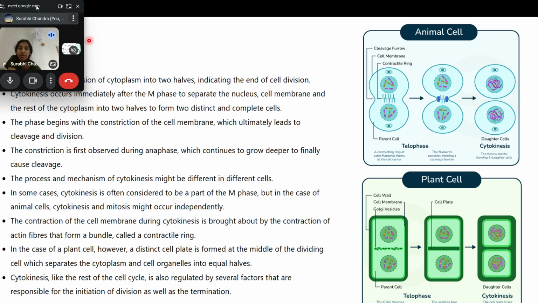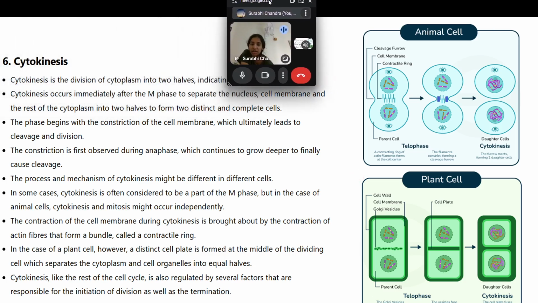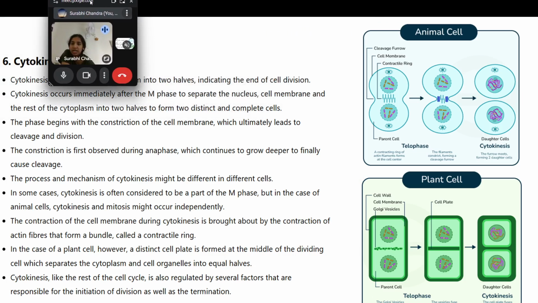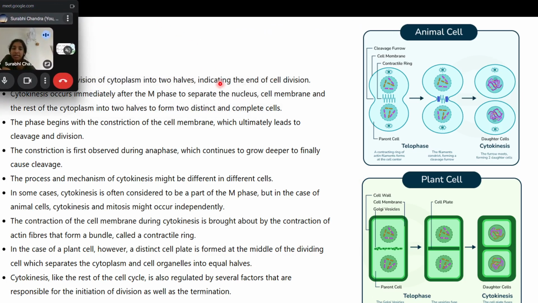And then when we talk about the cytokinesis or division of cytoplasm, it is again divided into two halves, and the cytoplasmic division is actually a little different in case of animal cells and plant cells. So if we talk about the constriction that appears in both the cells and gradually grows and eventually divides the cells into two halves.